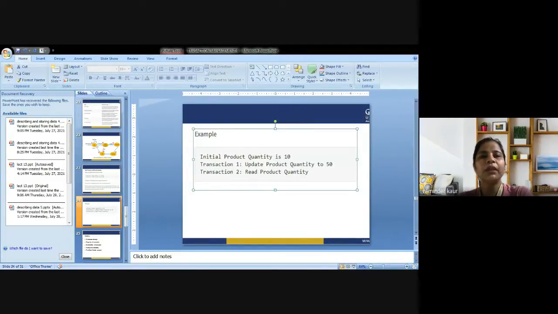Active, partially committed, committed, failed, and terminated are important transaction states. The full form of ACID properties in a DBMS is atomicity, consistency, isolation, durability. Three DBMS transaction types are based on application areas, action, and structure.